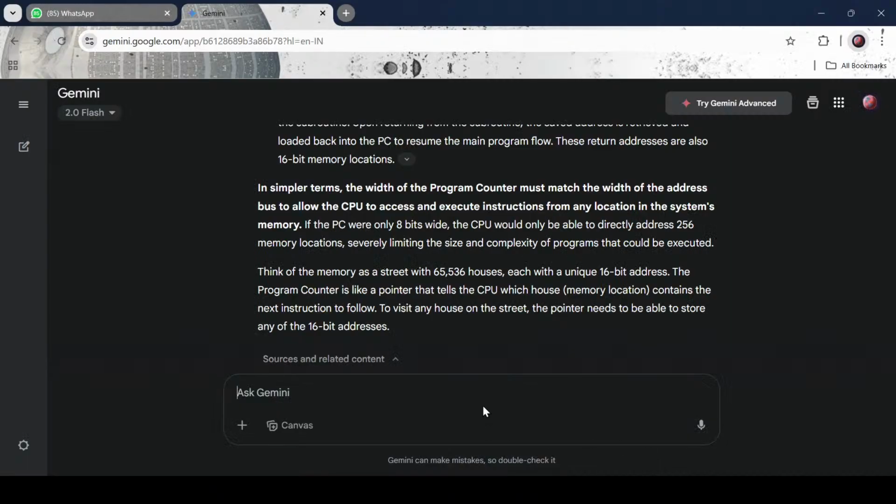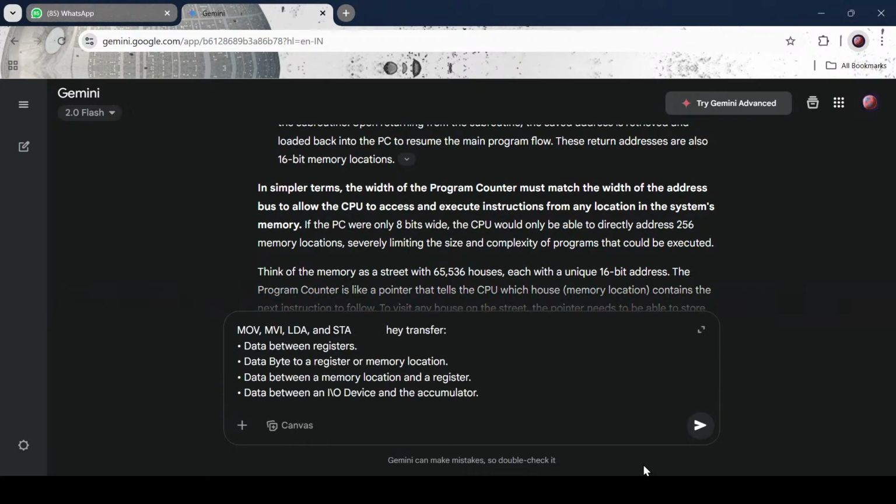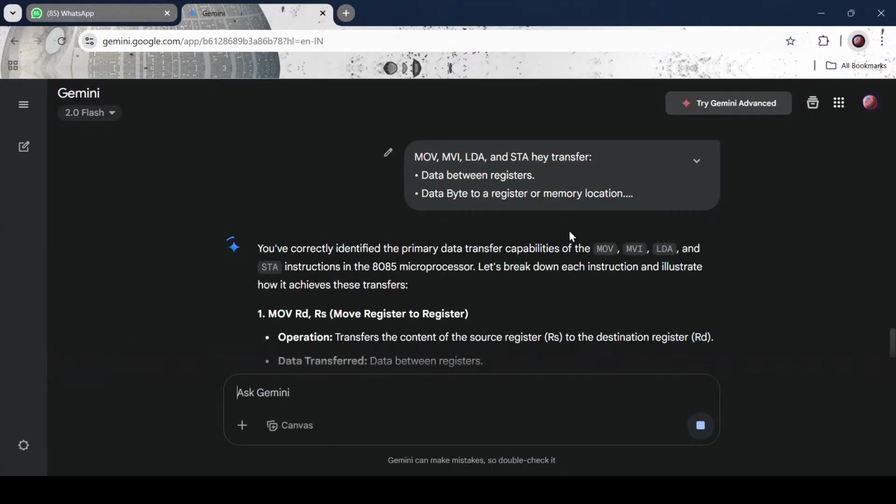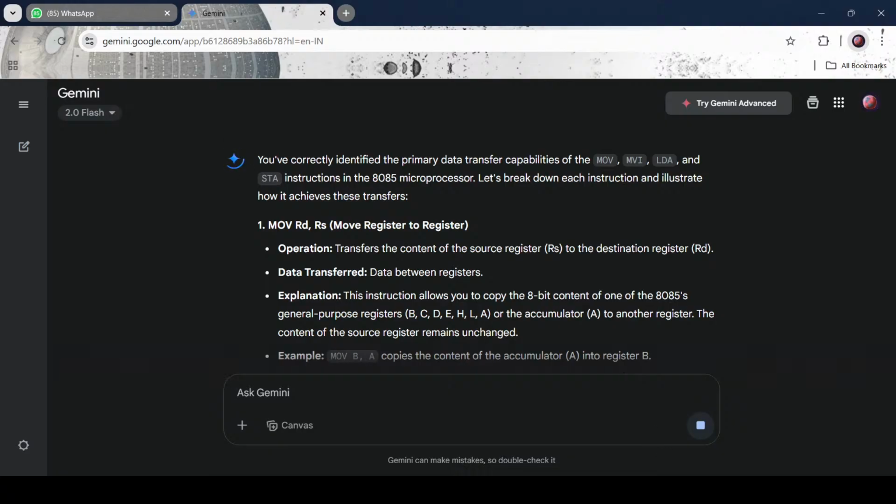Here we have Gemini, and the second part, explain. Okay, it was corresponding to that only.